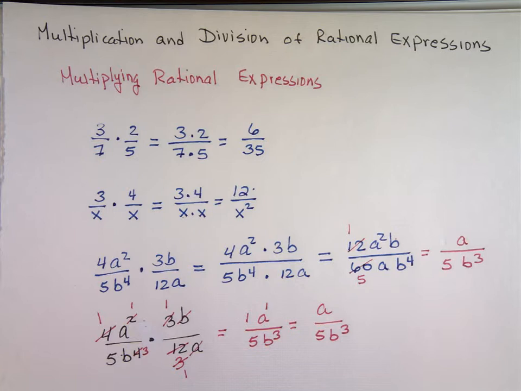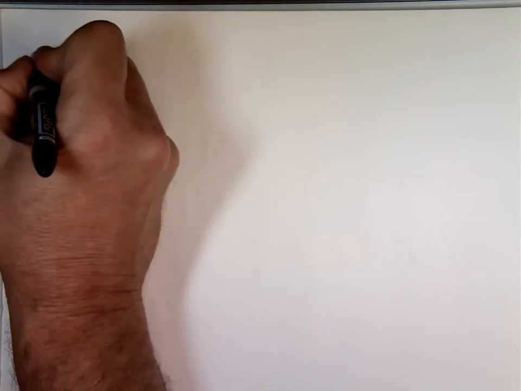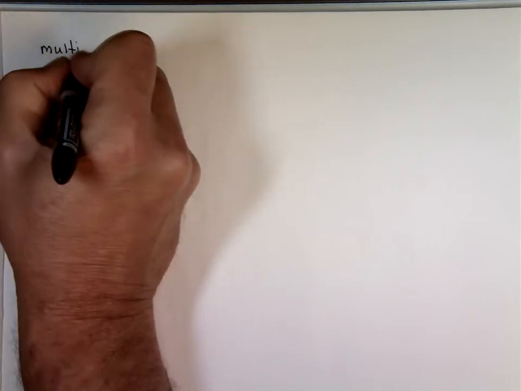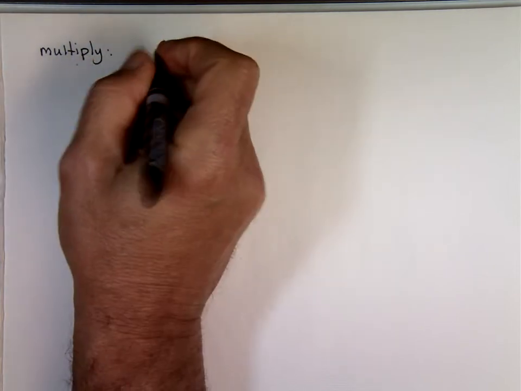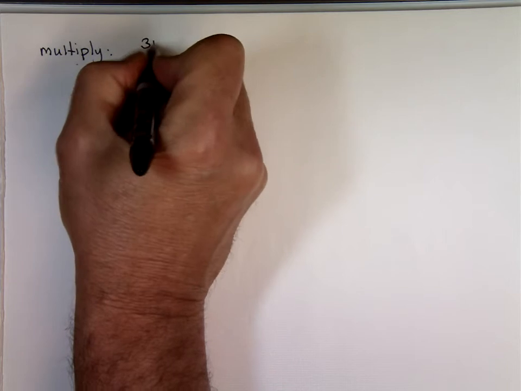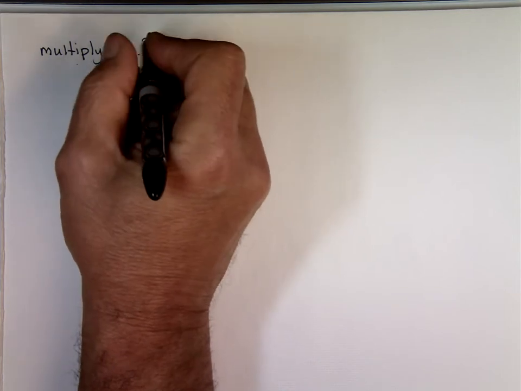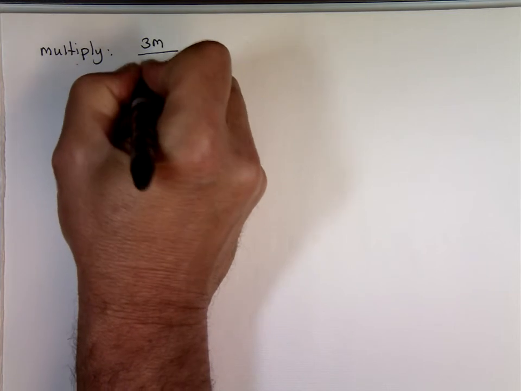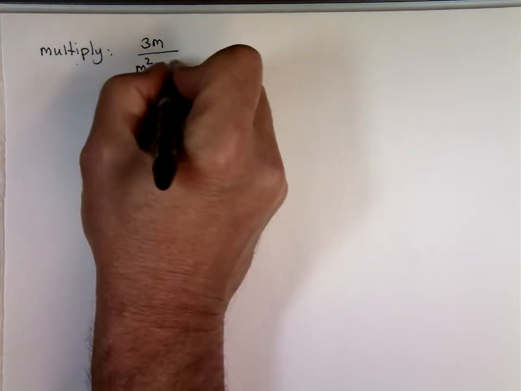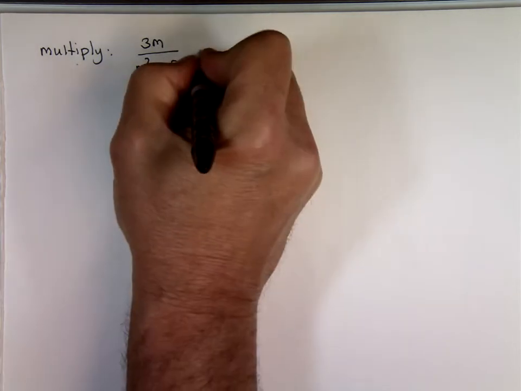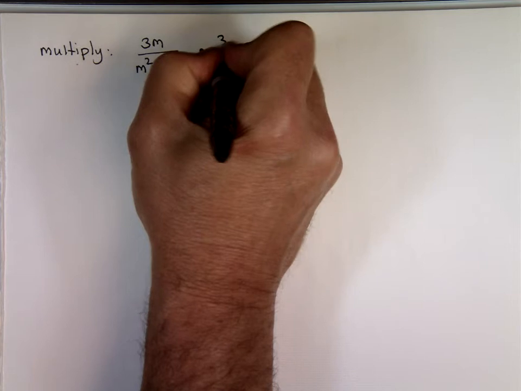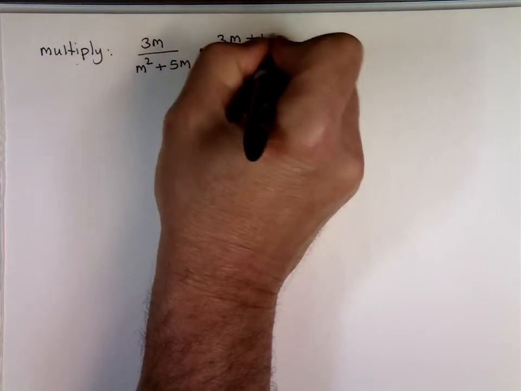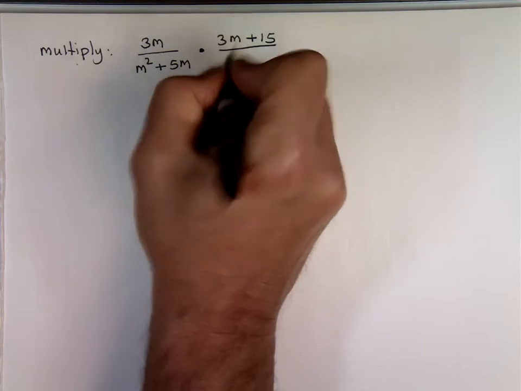Okay, let's try a few bigger ones. Multiply 3m over m squared plus 5m, times 3m plus 15 over 6m.